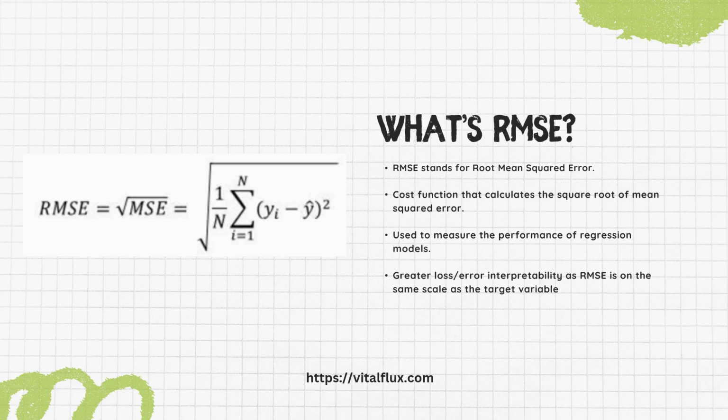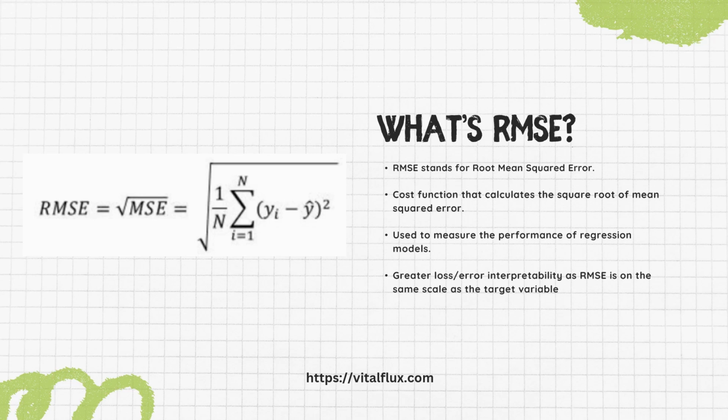You have the actual value, which is yi, and the model predicted value, which is y hat. For each record, we take the square and sum it up, and finally we average it out with the total number of records and then take the square root. This is calculated as RMSE.